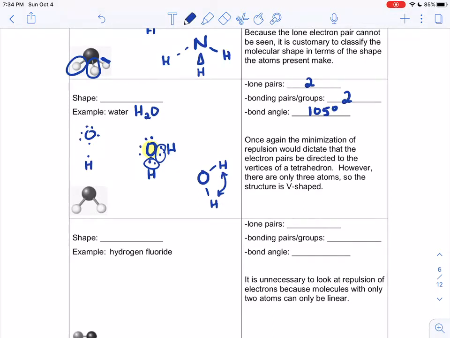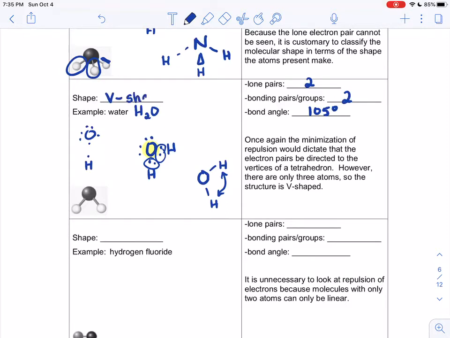And the other thing about it is that there's no dash or wedge. This becomes flat. If you spin the molecule, there's a position where it can actually be flat. So you don't draw this shape with any wedges or dashed lines. They're drawn flat.